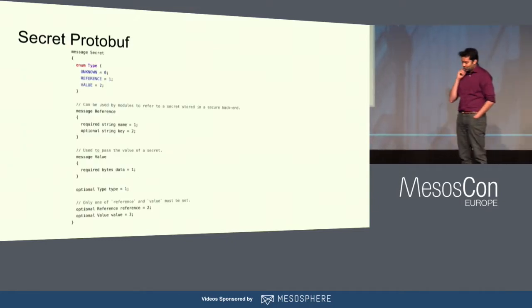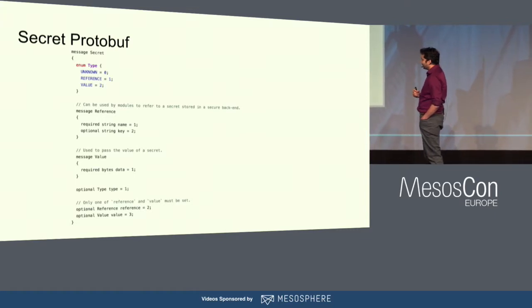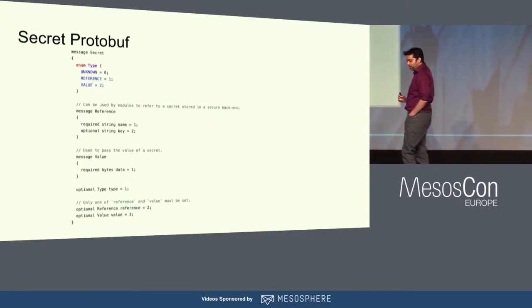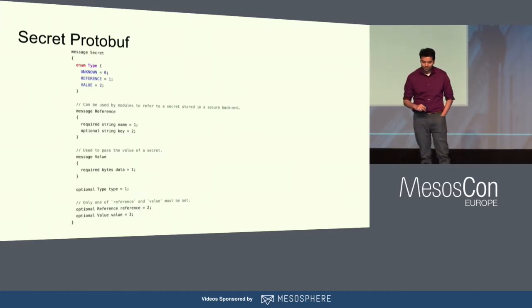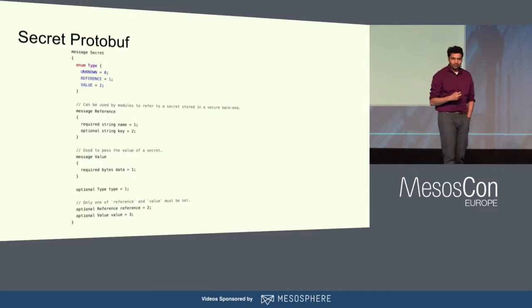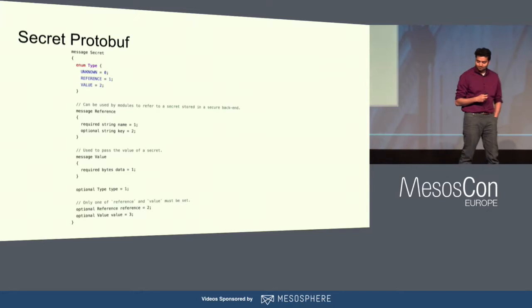So let's go into some details now. How does the secret protobuf itself look? The secret protobuf has two types. The first one is what we call the reference-based secret. The second one is what we call a value-based secret.